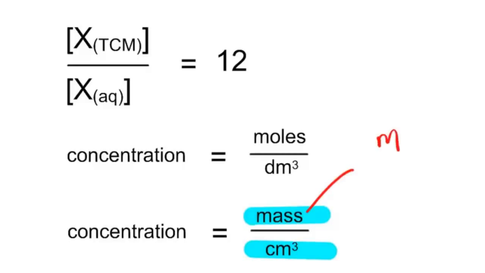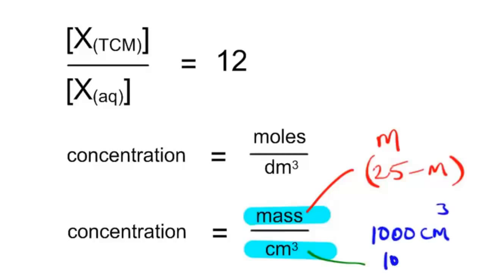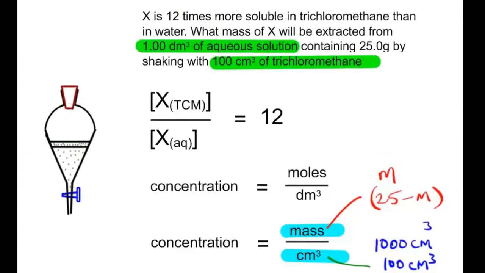So in these questions, we express the concentration as the mass over cubic centimeters rather than cubic decimeters. The mass will either be m or 25 minus m, and the volume is either 1,000 cubic centimeters of water or 100 cubic centimeters of trichloromethane. We just have to put all of these figures into that expression, so let's go on and do that now.